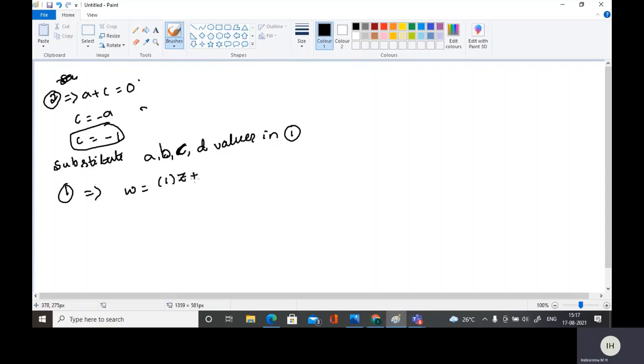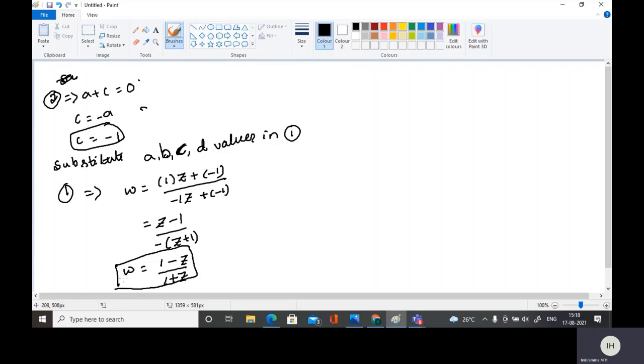B is minus 1. C is minus 1, into Z, plus D. D is minus 1. Therefore, we obtain (Z minus 1) by minus of (Z plus 1). Take minus to the numerator. It becomes (1 minus Z) by (1 plus Z). This is the transformation for the given set of points.